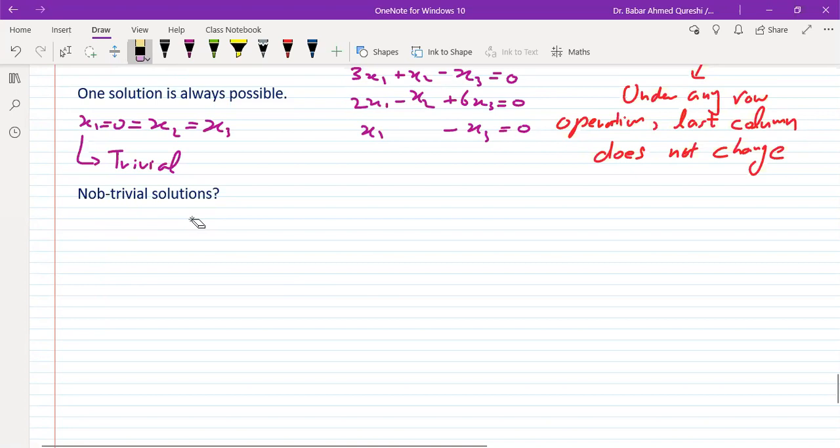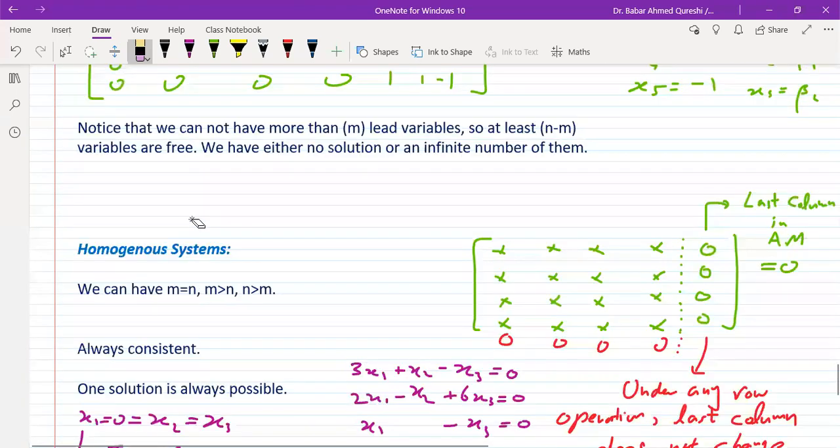The previous statements which I made still stand. If you have m greater than n, and you do not have as many zeros, you have more zero rows.